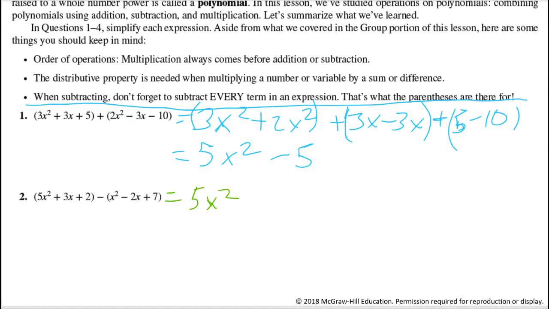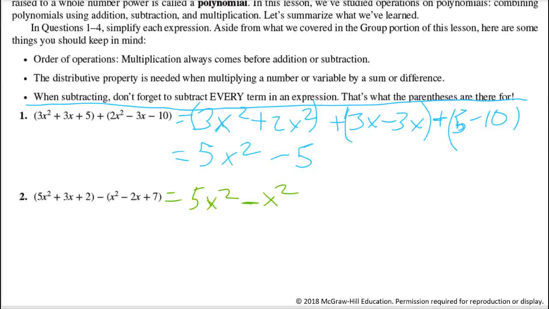So as it says, we have to subtract everything. So I subtract x squared. If I were to subtract the negative 2x from my x squared and then subtract that answer, I would actually be subtracting a smaller number.